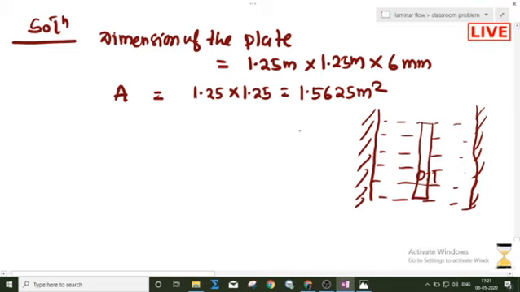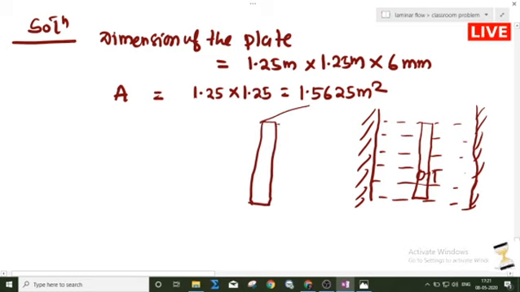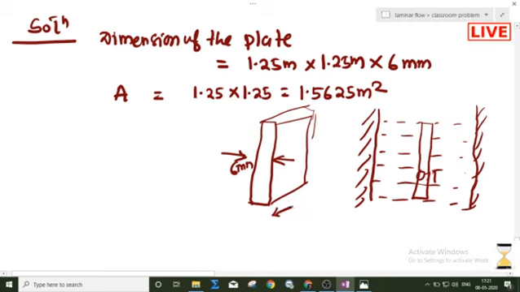If you see the 3D diagram, it looks like this. Okay, try to draw. This thickness is given to you as 6 mm, and this is given as 1.25 meter, and this is given as 1.25.